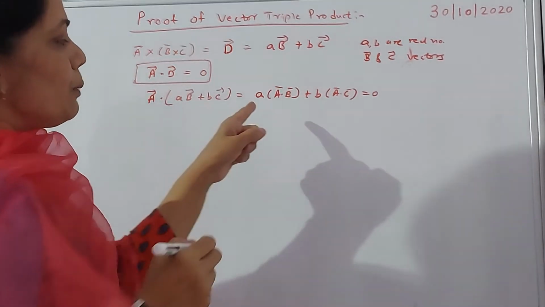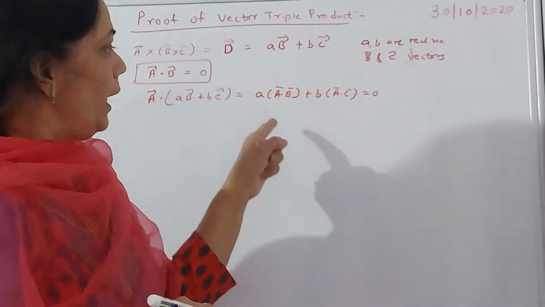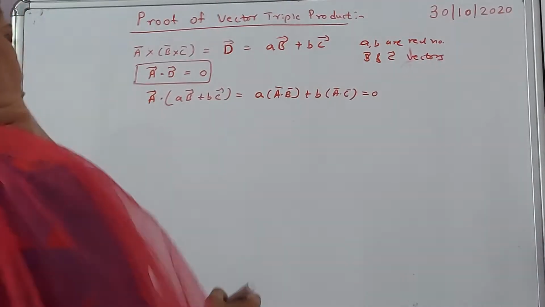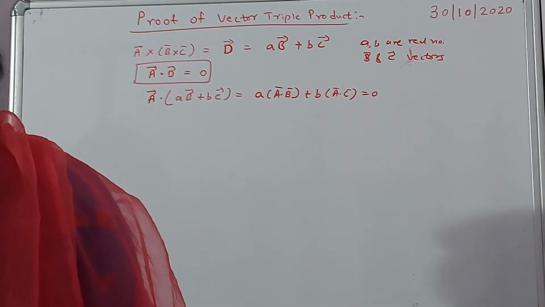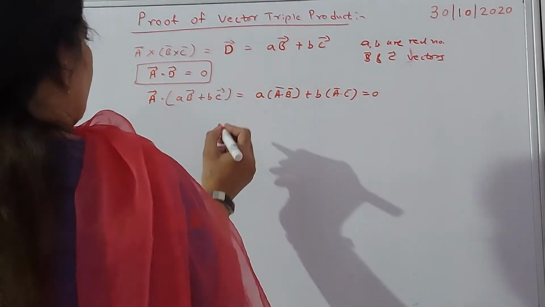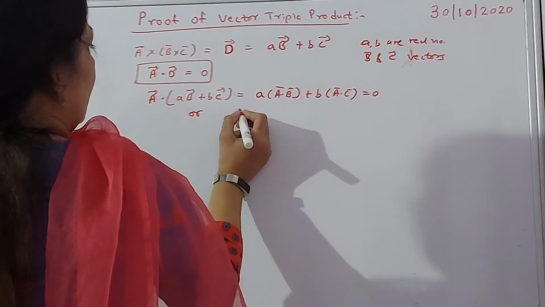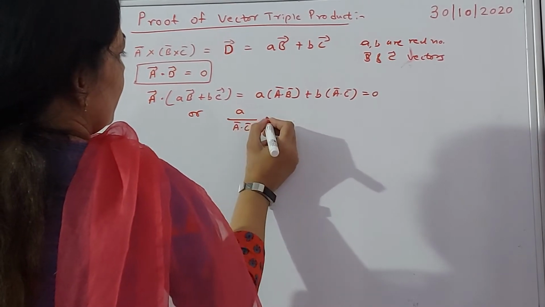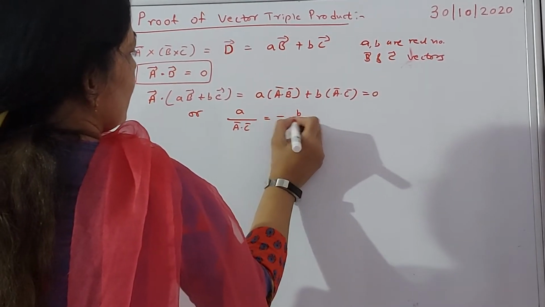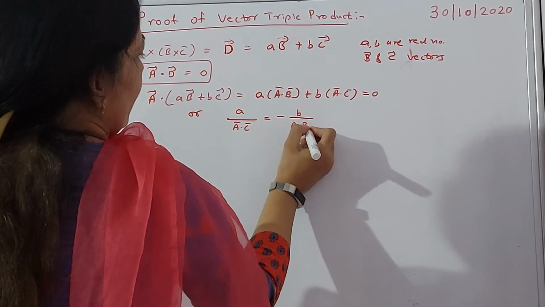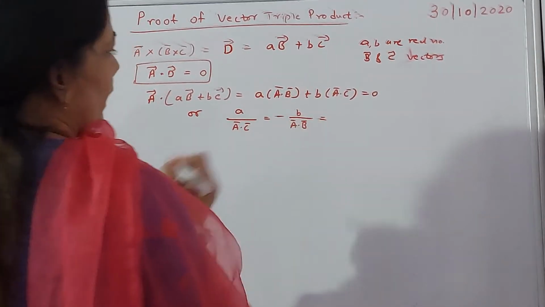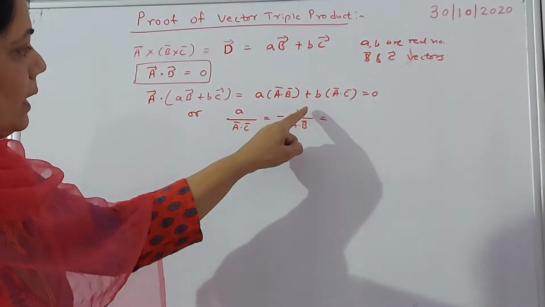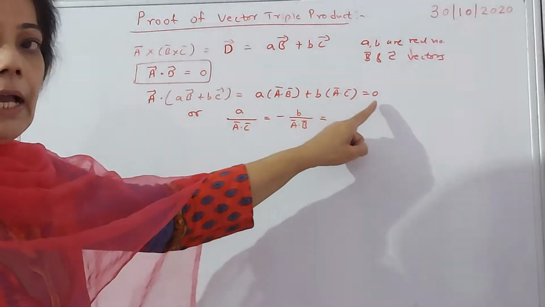Right? Small a inside the bracket, A dot B, plus small b inside the bracket, A dot C, is equal to 0. Right? So how can we write this term? We can write it as a divided by A dot C is equal to minus b divided by A dot B, which is equal to 0.